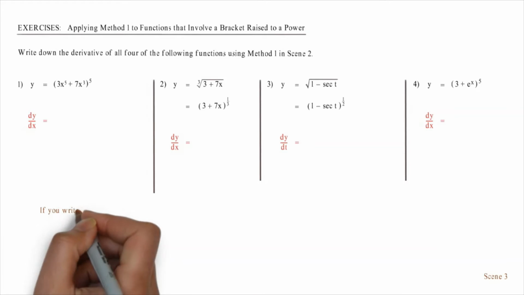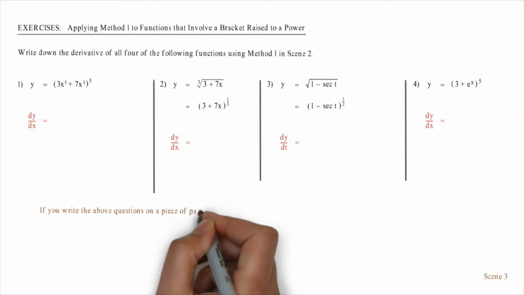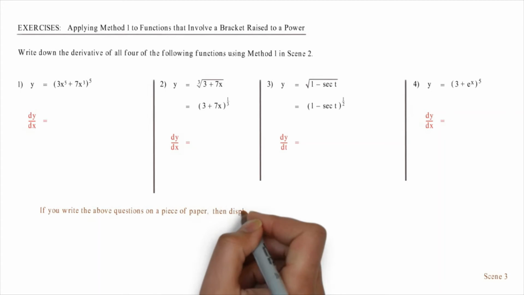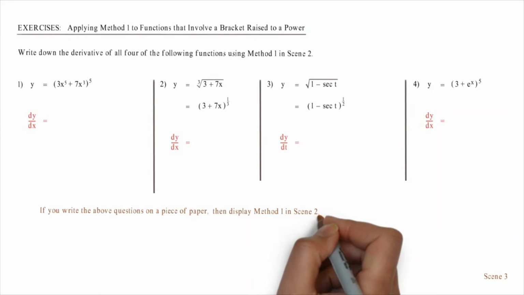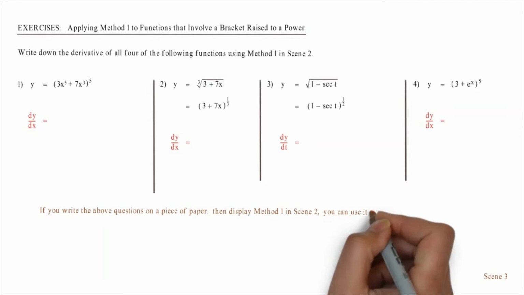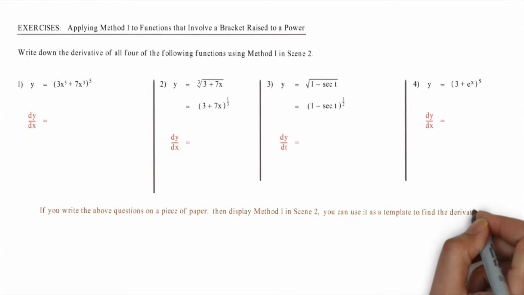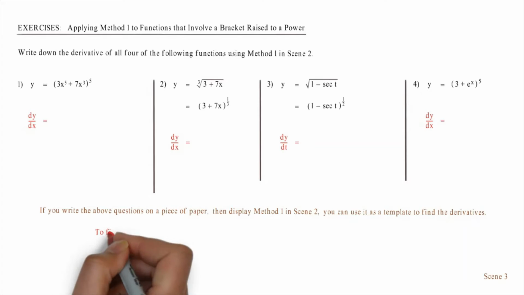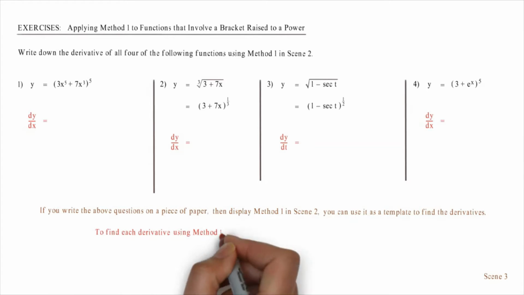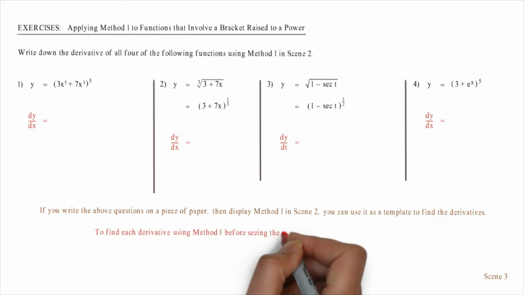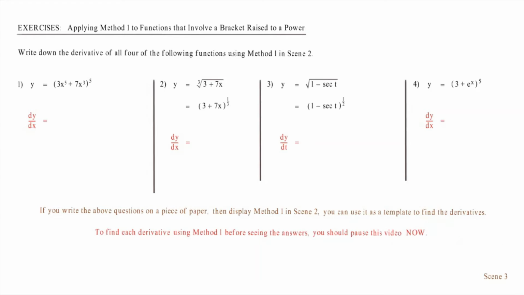If you write the above questions on a piece of paper, then display method 1 in scene 2, you can use it as a template to find the derivatives. To find each derivative using method 1 before seeing the answers, you should pause this video now.